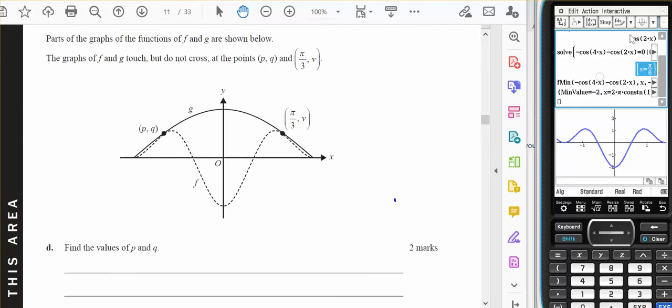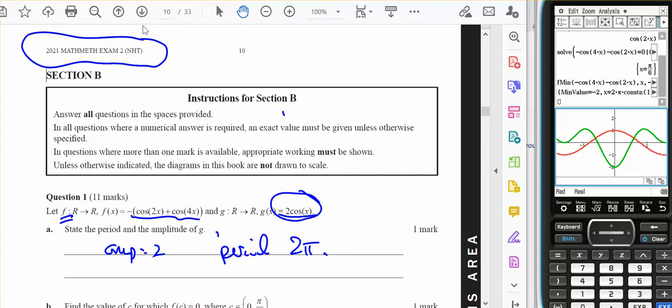Okay, so I've got the graphs. I've got cos of 2x, okay, so I've got the wrong graph.